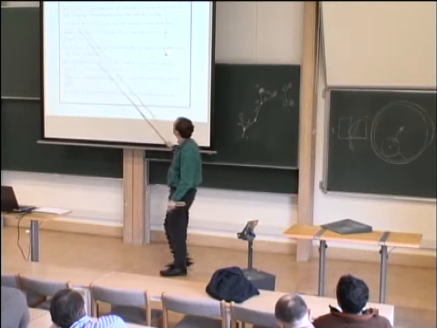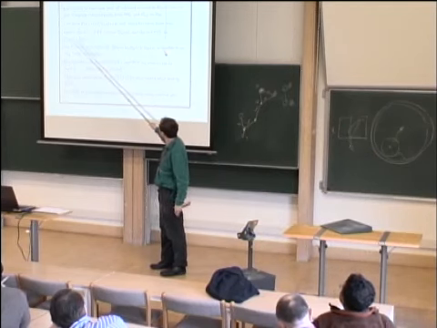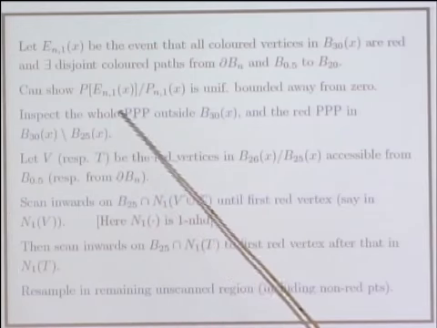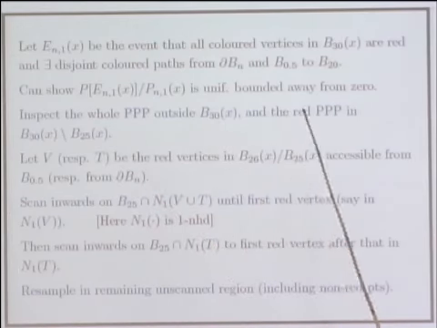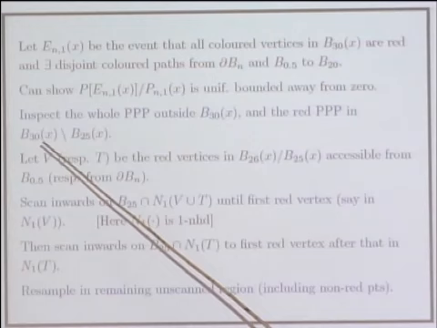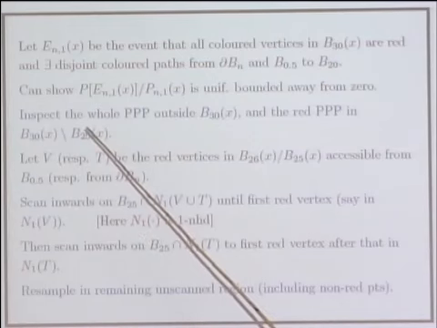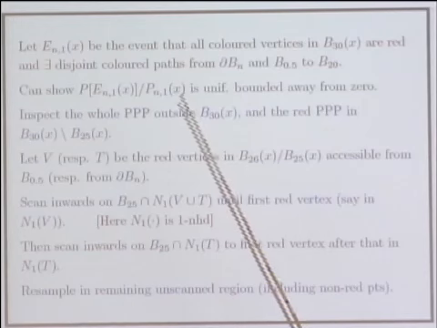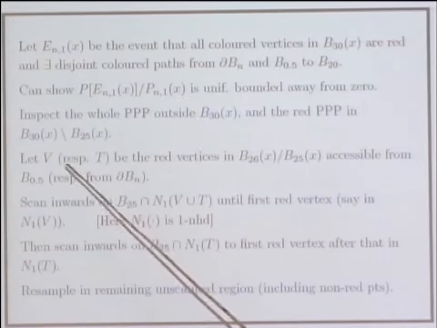So that's the basic reason for that statement there. So we're going to resample the whole Poisson process outside B30 and then the red Poisson process in the annulus of radius between 25 and 30. So that's the first technicality, which lets us forget about the extra green enhancements.